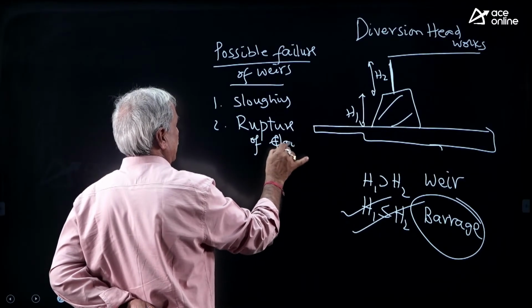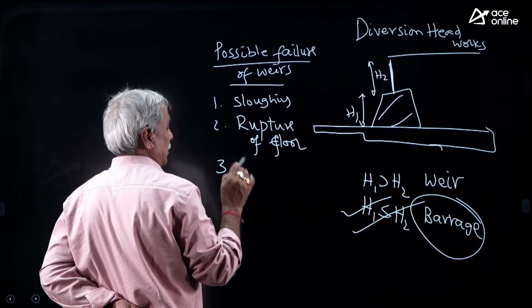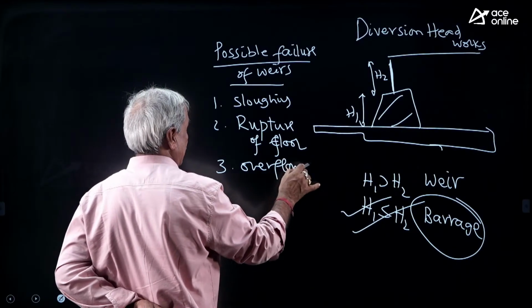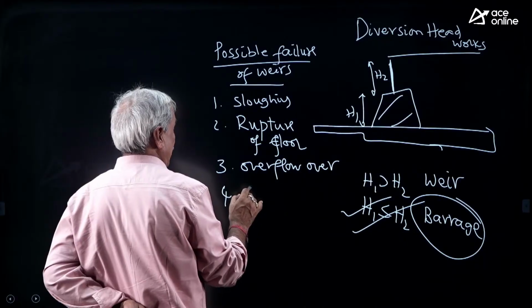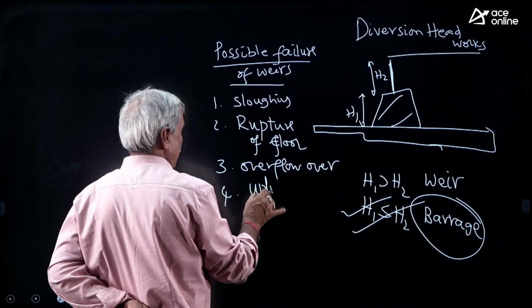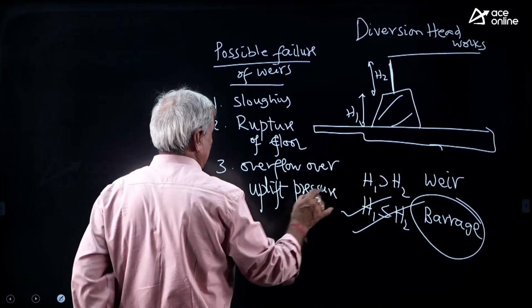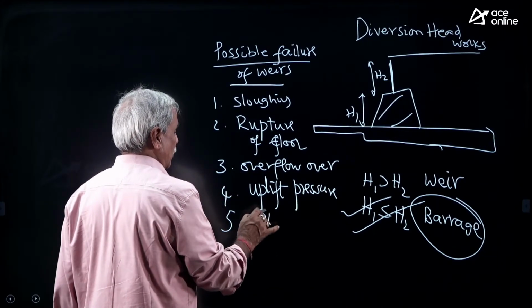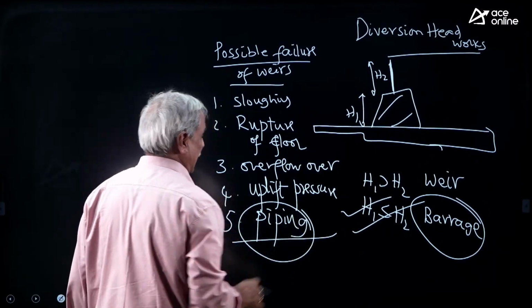The third one is overflow over the crest. Fourth one is failure due to uplift pressure. When the downward weight is lesser and uplift pressure is more, the weir section will get ruptured. And fifth one is the most important one, piping failure. About piping failure, please learn a lot.